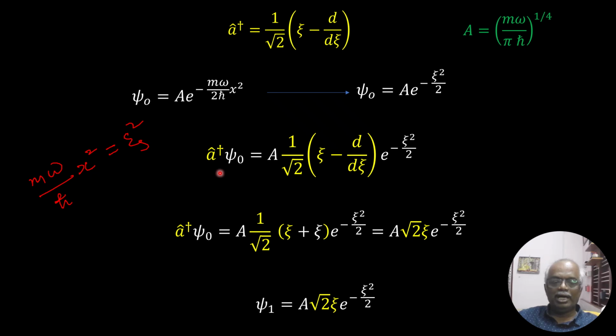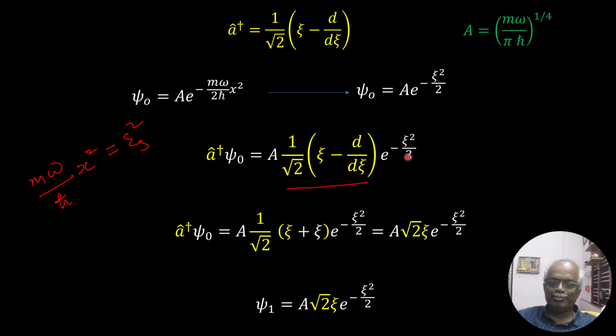Now let us act the operator on ψ₀ so that it will become ψ₁. So A dagger ψ₀. This operator A dagger is this one, and the wave function ψ₀ is A multiplied by this exponential term.